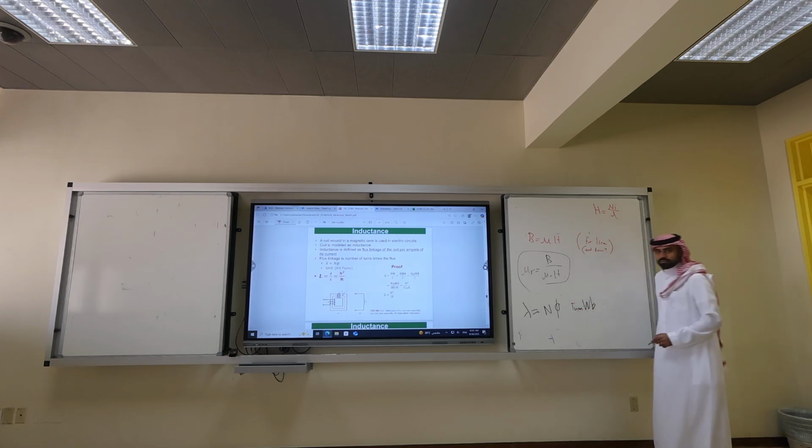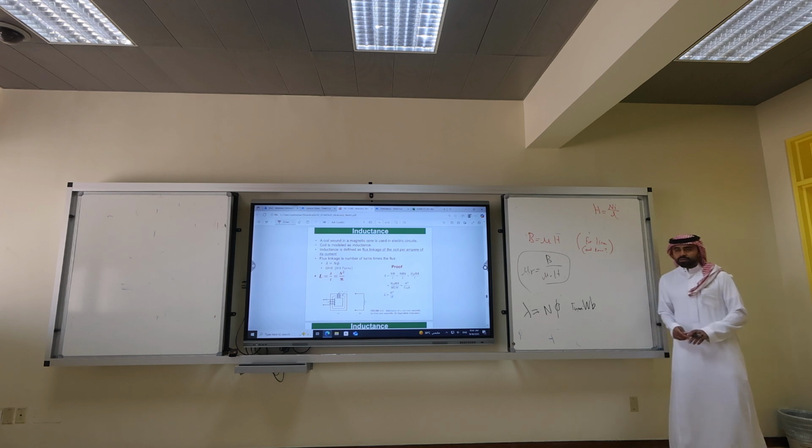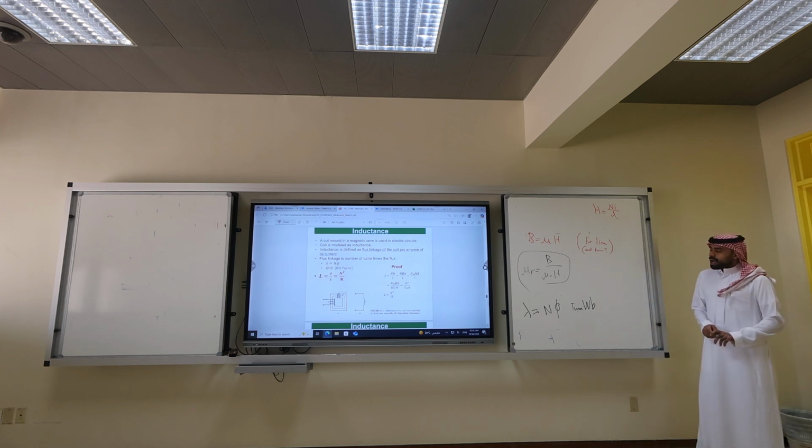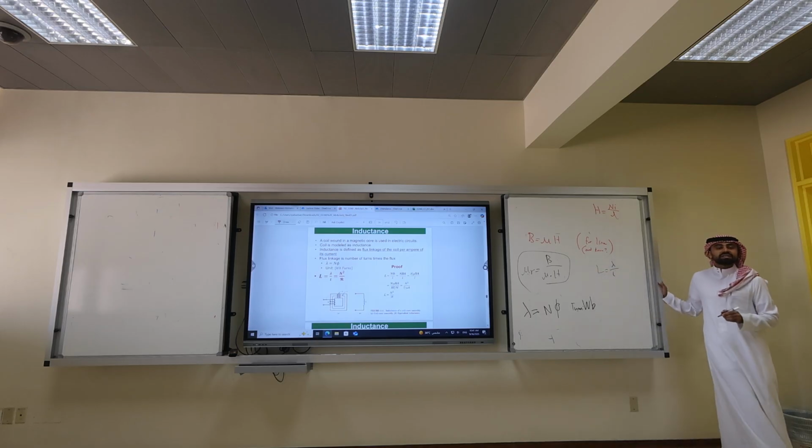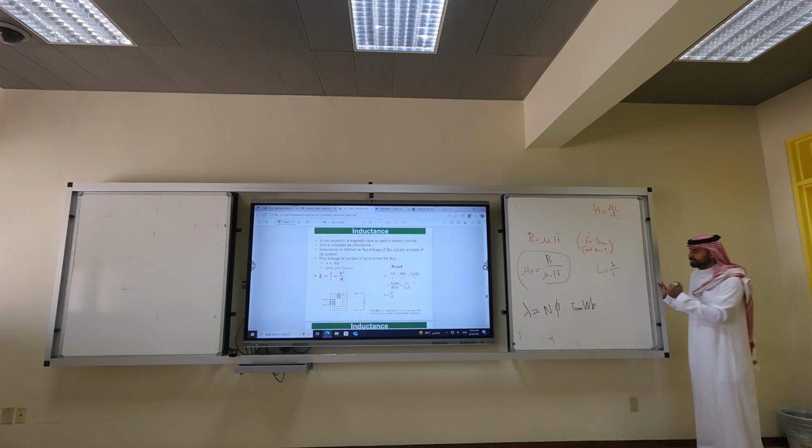It's okay to have this unit. Now, an inductance by definition is the flux linkage over the current. This is from physics 102 or 305. I don't know which one you're taking. Electricity and magnetism. Maybe you will see this equation.